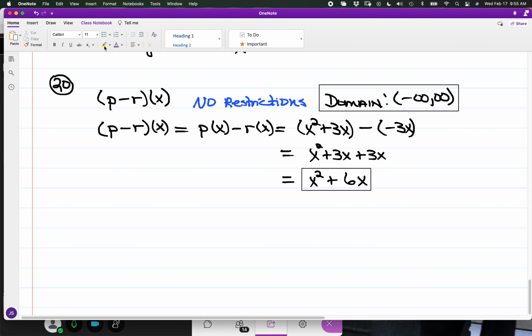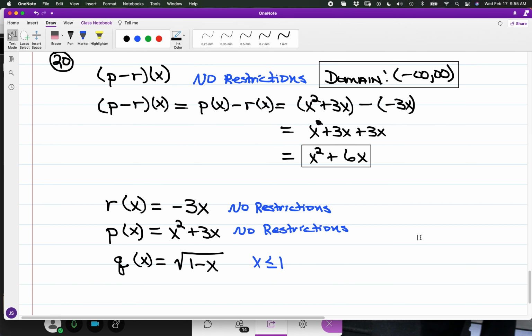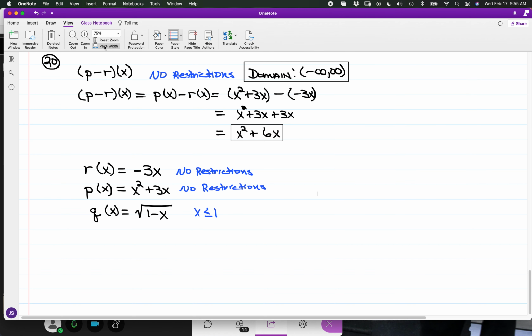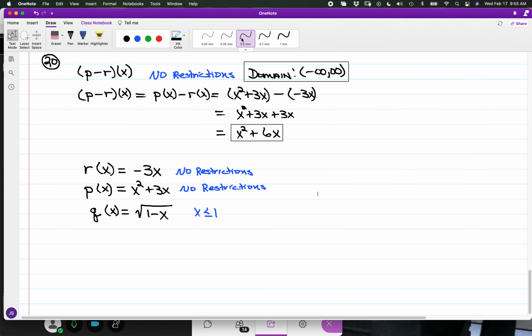All right. Now, in the case of number 22, we're still involving the same functions. And now we're looking at r times q of x.